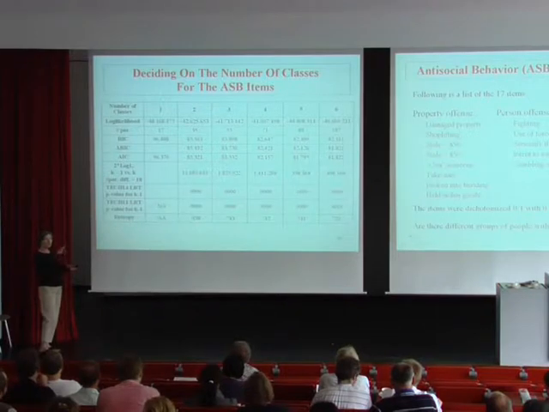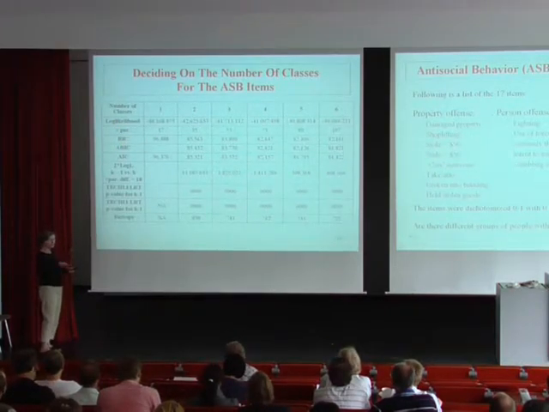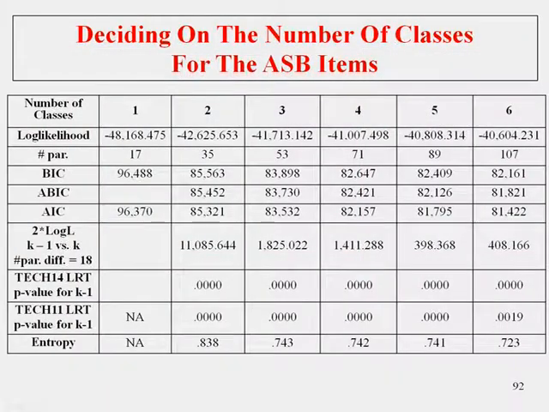When you plot them, you can see where things flatten out on the log likelihood. And then we have our BIC where we look for a minimum. So we want it to hit a minimum and then start going back up. But if you look here, it just continues to go down. We never hit a minimum, even with 6 classes. So it seems that BIC is not really helping us in this situation, and that sometimes happens.